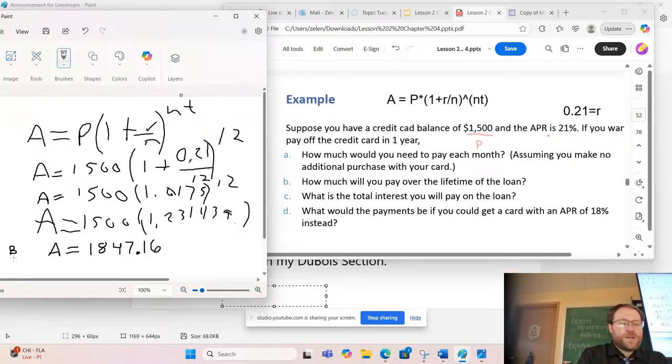How much will you pay over the lifetime of the loan? To figure out each month, divide that by 12. So each month you're going to be paying $153.93 a month.